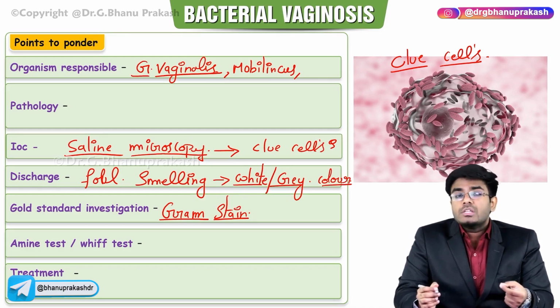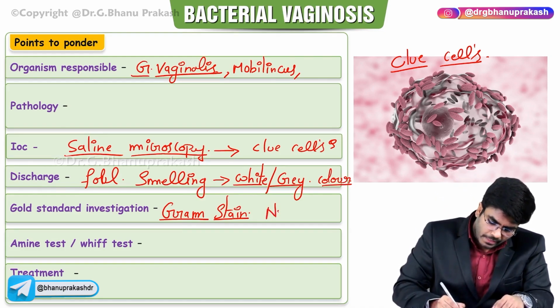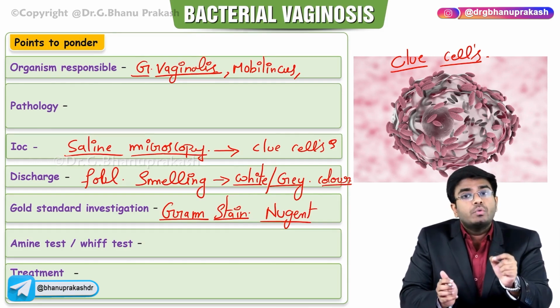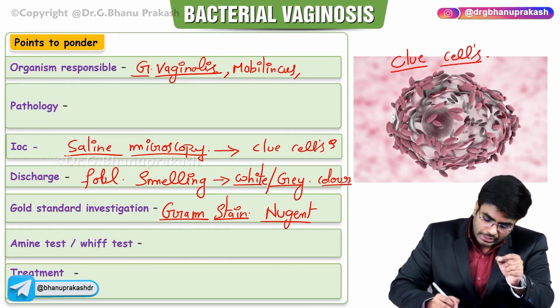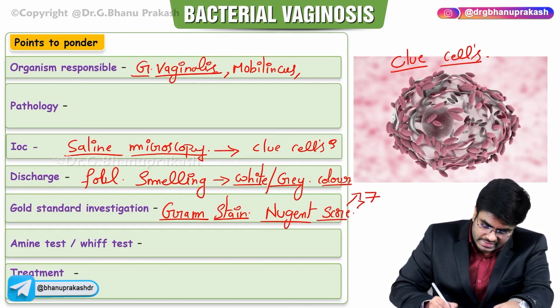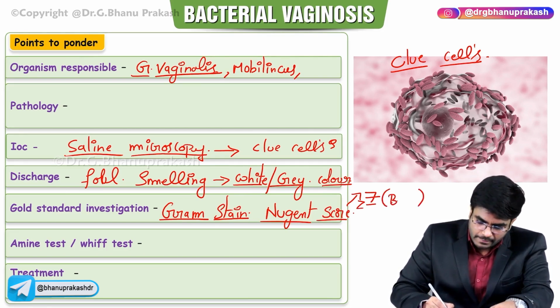Following gram staining, you can also do a scoring system known as the Nugent scoring, important MCQ. You need not know all the criteria they take into the scoring, but the important MCQ point for the exams is that a score greater than 7 is indicative, or highly suggestive, of bacterial vaginosis.